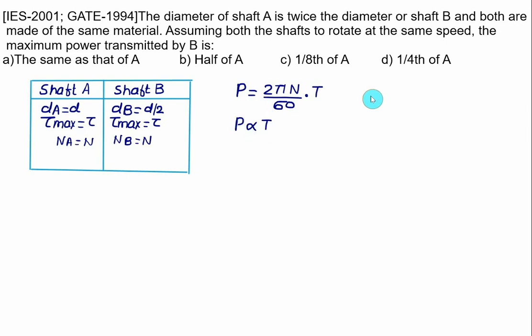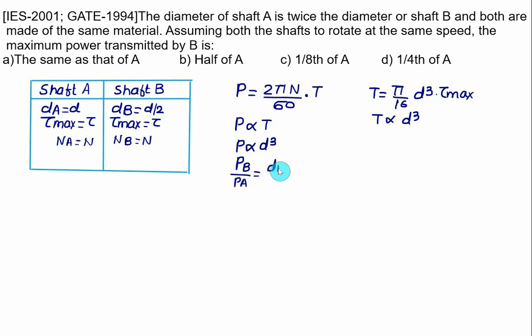Secondly, we have the torque. Torque is equal to pi by 16 into d cube multiplied by tau max. Now both shafts have the same value of shear, so torque is proportional to d cube, and power is proportional to T. It means that power is proportional to d cube. Therefore, power developed by B divided by power developed by A is the same as the diameter of B divided by diameter of A, cubed.